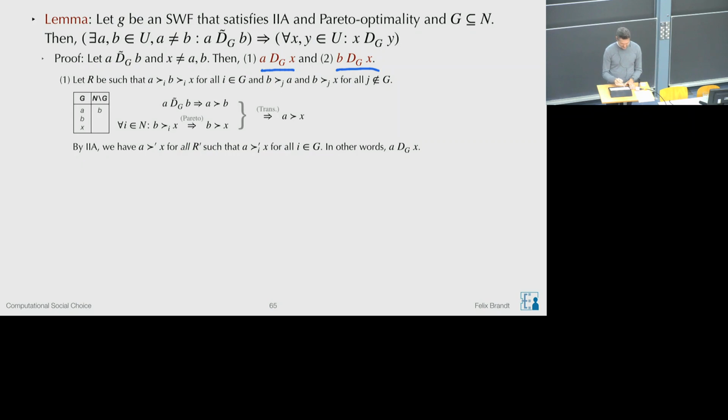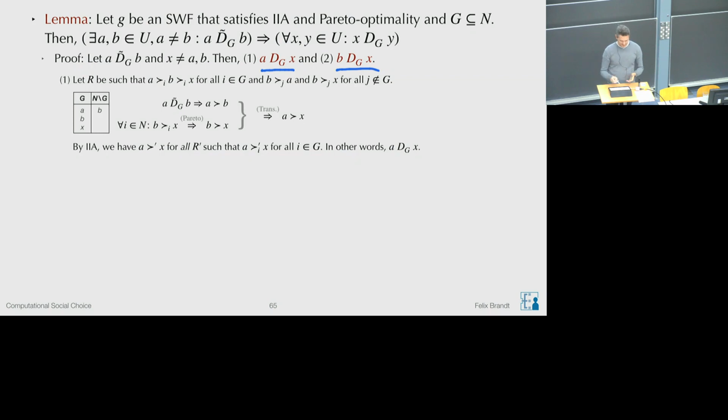Anything else, like how B is ranked, doesn't matter. And that already shows that this group G is decisive for A against X. Because if this is the case, for any profile for which this is the case, the social relation has to be like this. That's exactly the definition of a decisive group. So G is decisive for A against X.